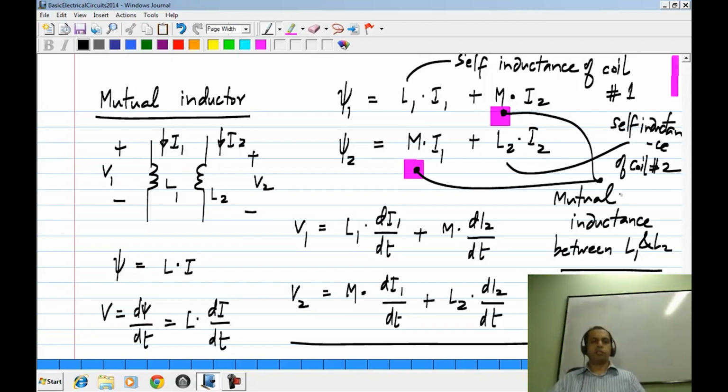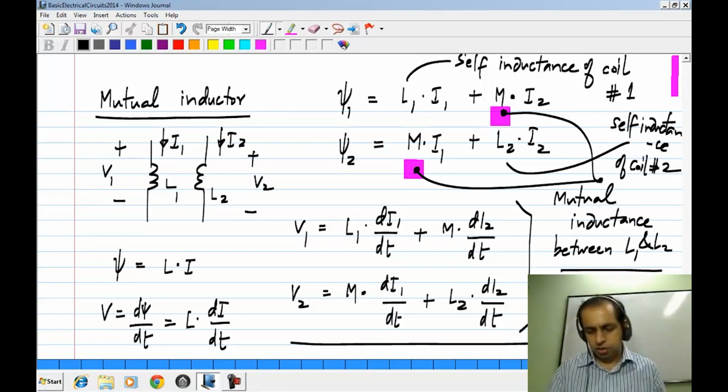The self inductance of coil 1 is the inductance it would have, which gives the relationship between voltage and current if the coil 2 was not even present. Okay. Similarly, for the self inductance of the second coil, this mutual inductance appears only when you bring these two coils together, so that the magnetic field from one inductor influences the other inductor. Okay.